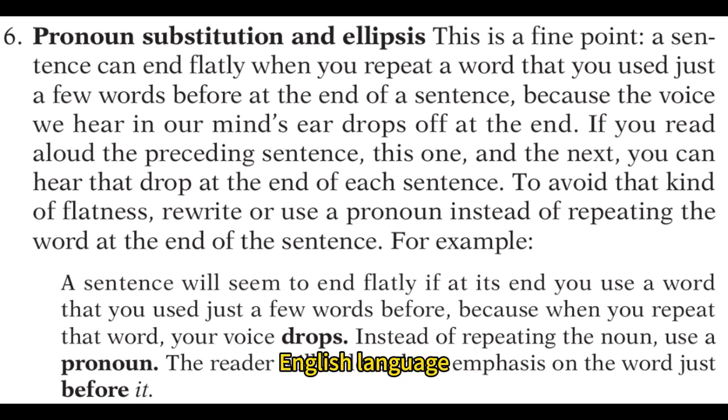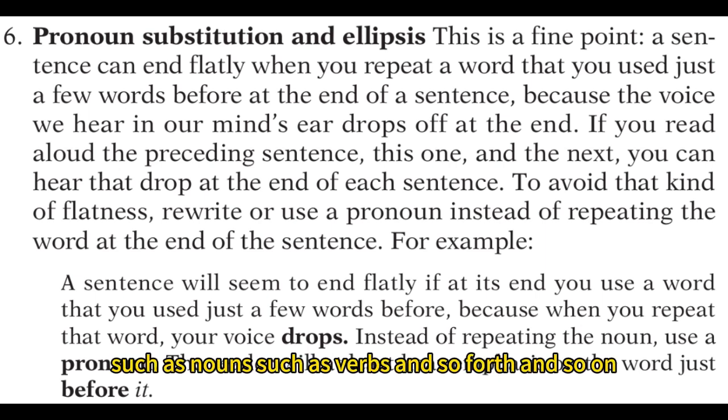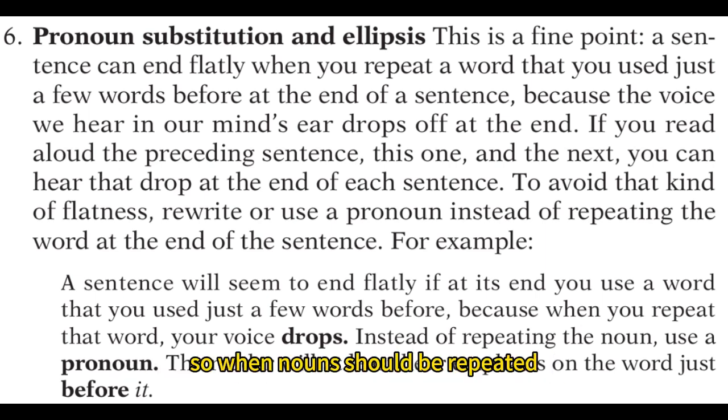The English language fears repeating words that carry material, substantial meaning, such as nouns, verbs, and so forth. So when nouns need to be repeated, we use pronouns in their substitution. And a lot of things can be omitted.